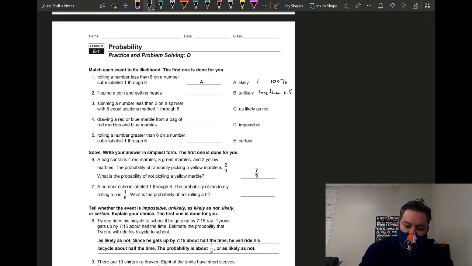As likely as not is half or 50%. Impossible is 0. Certain. Oh, wait. Likely, I made a mistake over there, didn't I? Because likely is not 100%. That is more than half.